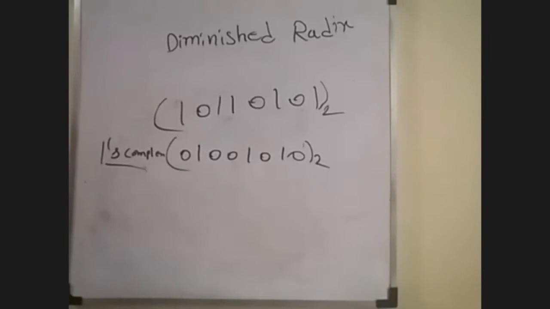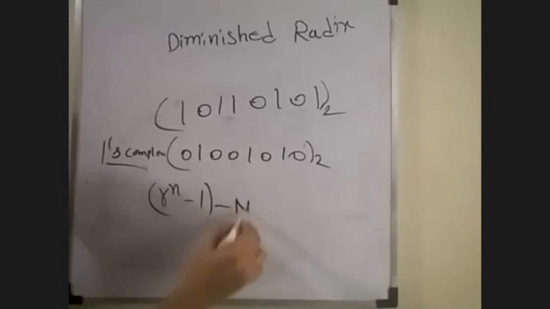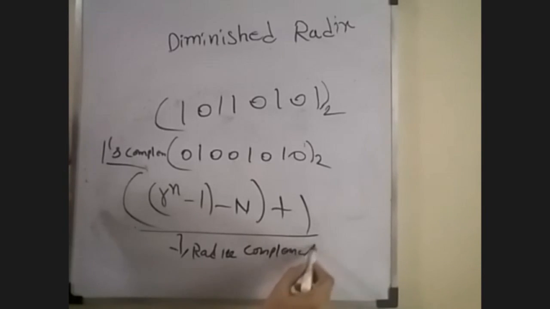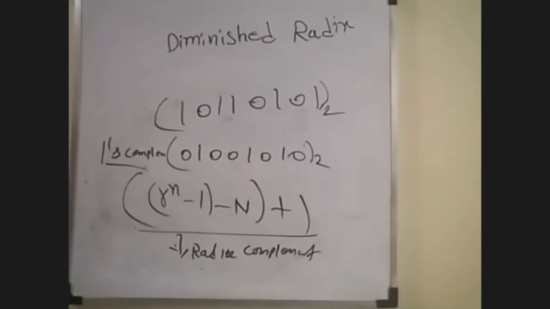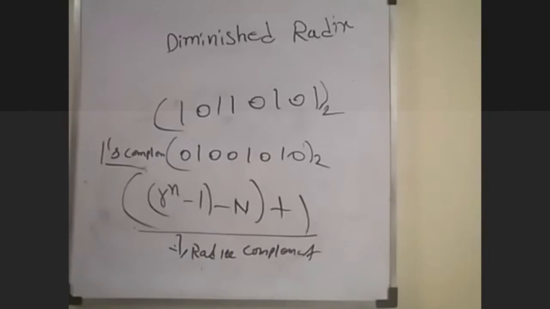In radix complement, the diminished radix formula is r to the power of n minus 1 minus the number. If we add 1 to this, diminished radix complement plus 1, we will get the radix complement. We will discuss this in the next class and continue this concept.